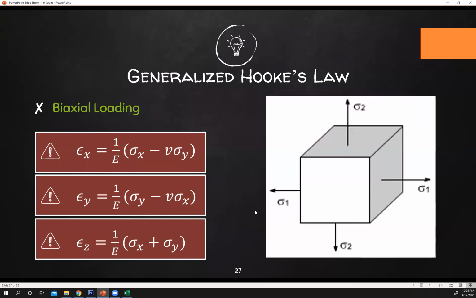Now, when you have uniaxial loading, you can also have biaxial loading, meaning two forces.